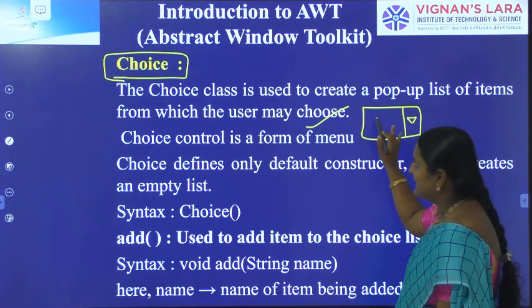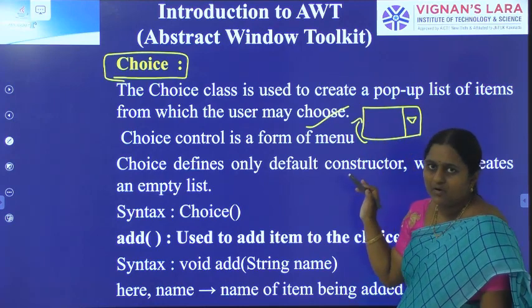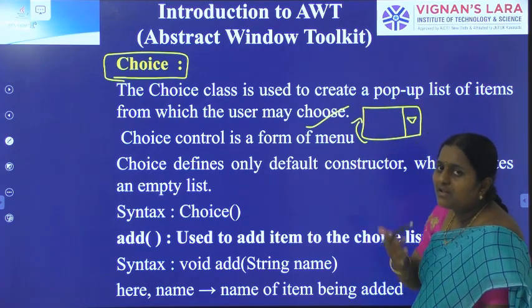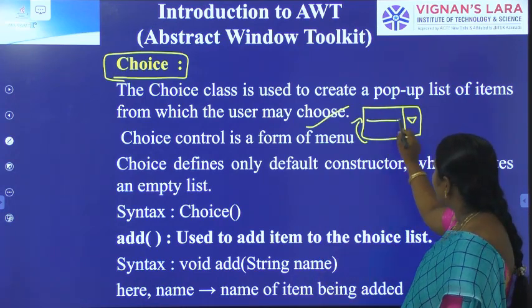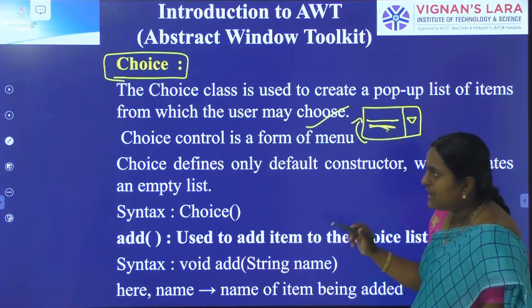Choice already has a number of elements and items. Out of these, whatever item the user chooses will be displayed on the screen. So it is visible on the screen.